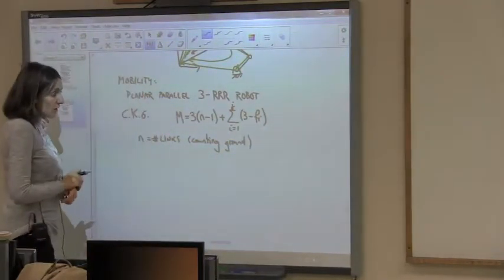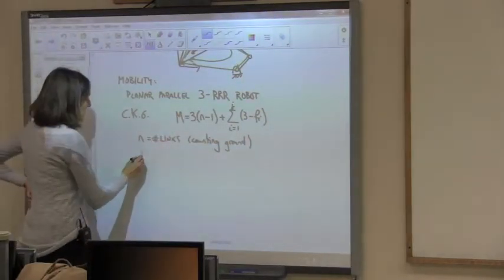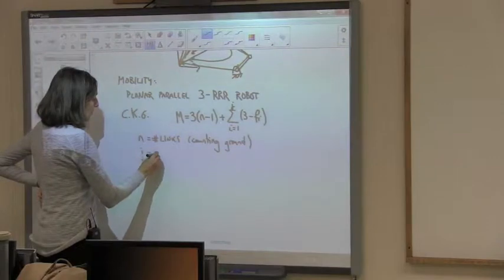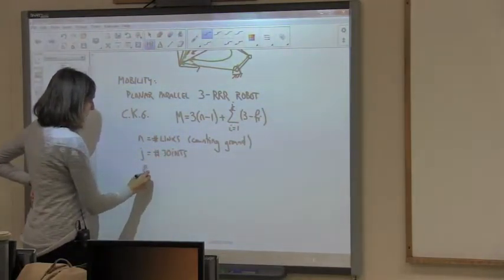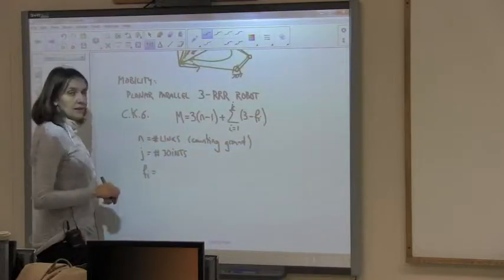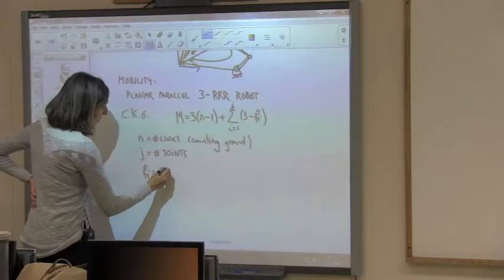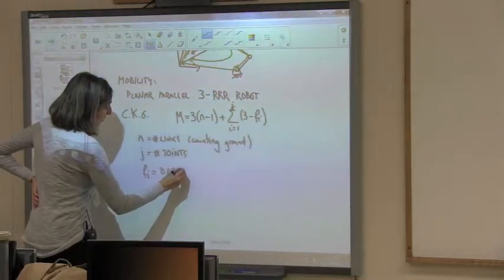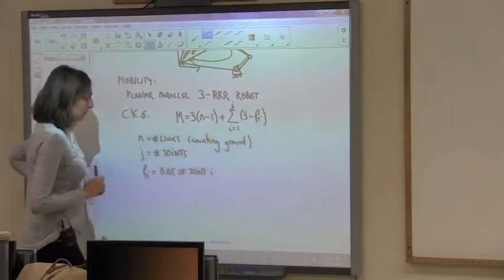The base is also counted, and then we take it out because it doesn't move. j is the number of joints, and fi is the degrees of freedom of joint i.